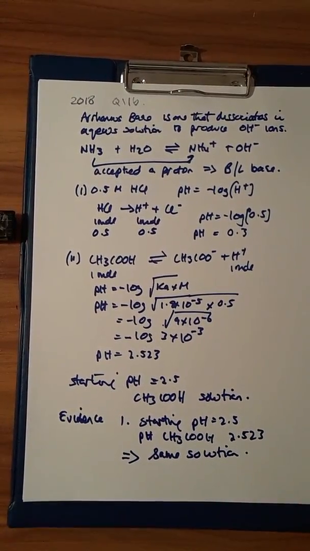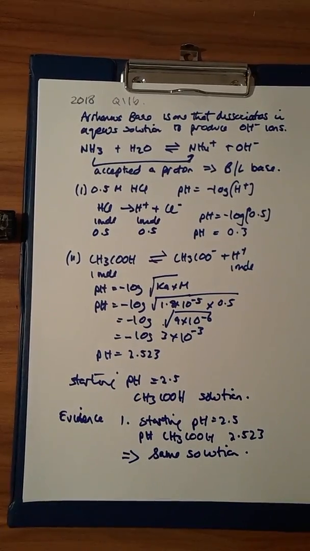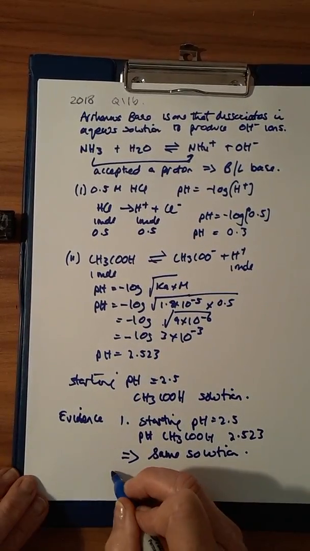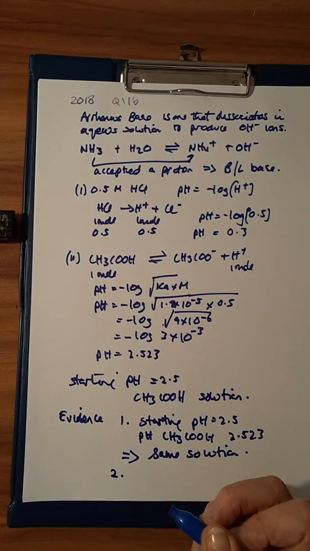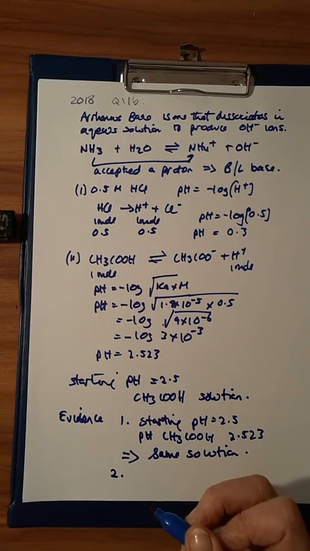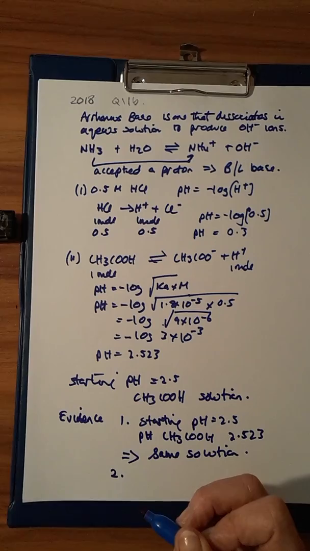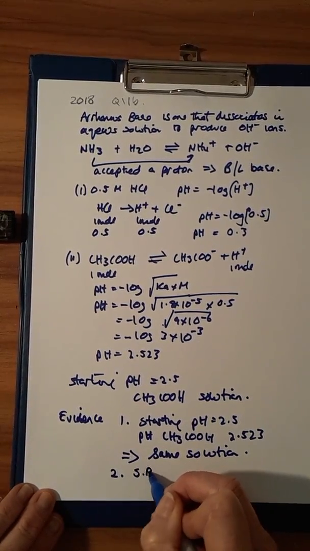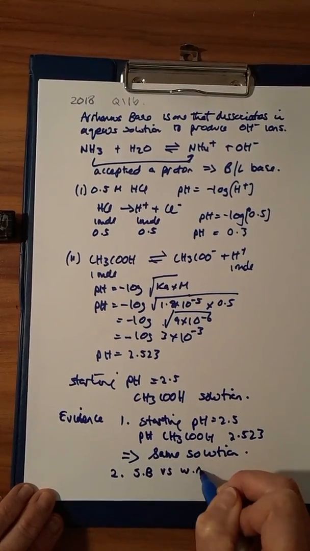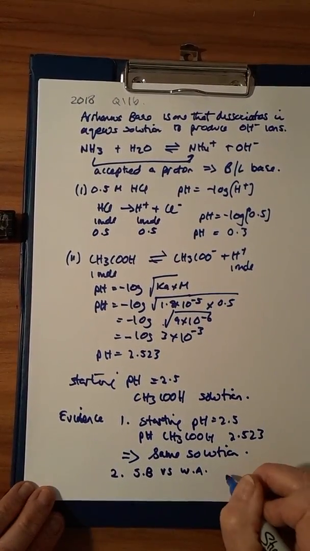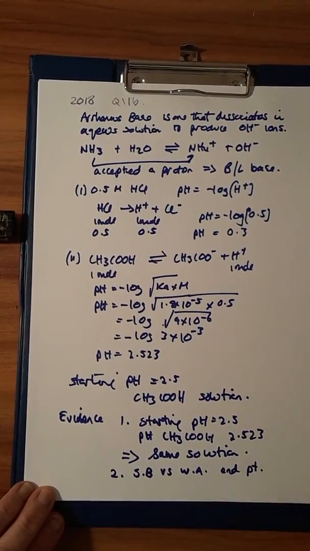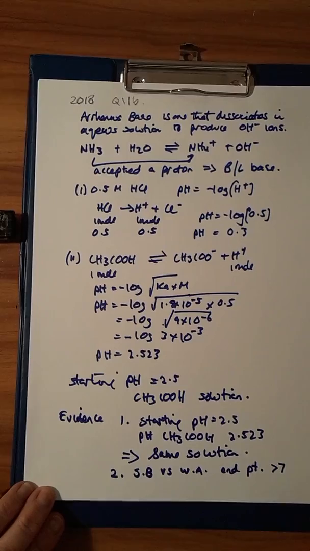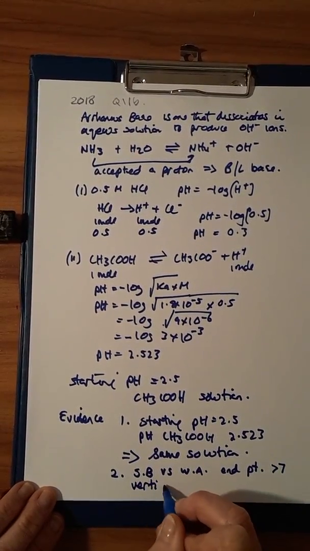My second piece of evidence: I'm going to look at the curve. I can see it's sodium hydroxide being titrated with ethanoic acid. So it's a strong base versus a weak acid. The end point, where the vertical part of the graph is, is just above 7.